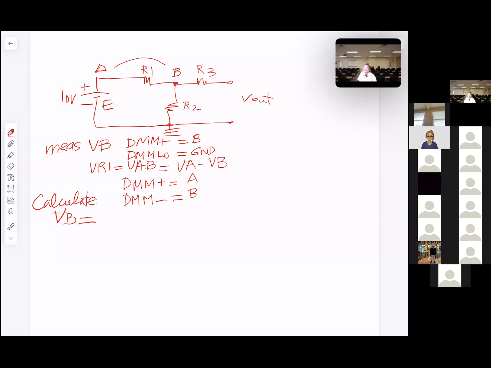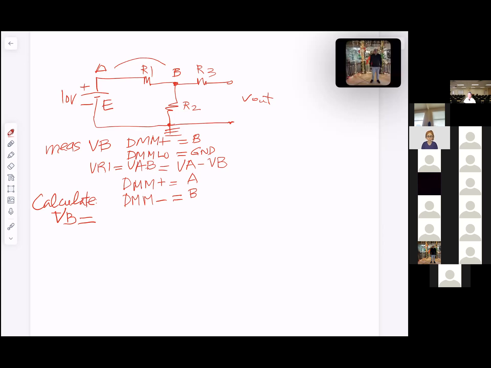How do we calculate the VB? VE minus VR1. V total minus VR1. What do you mean V total? VE, total voltage.